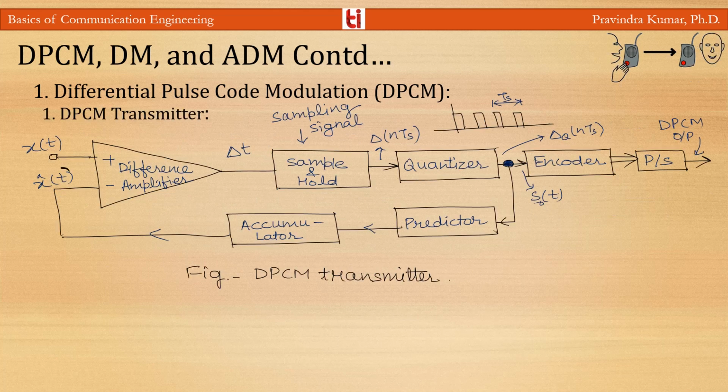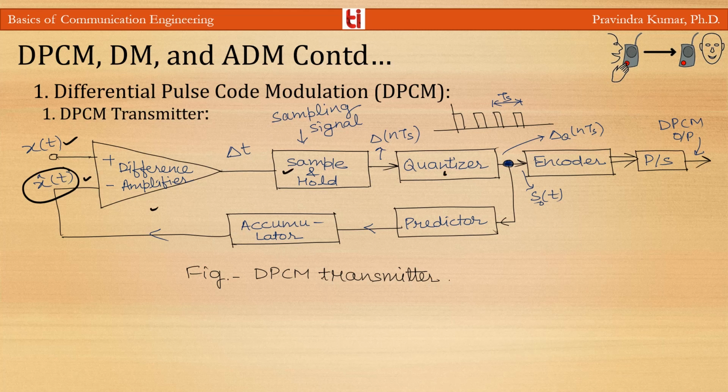The block diagram of a DPCM transmitter is on your screen. Here x(t) is the analog input signal and x cap(t) is the approximated signal. At the sampling instant, the difference amplifier compares the signals x(t) and x cap(t), and the sample and hold circuit holds the result of this subtraction.